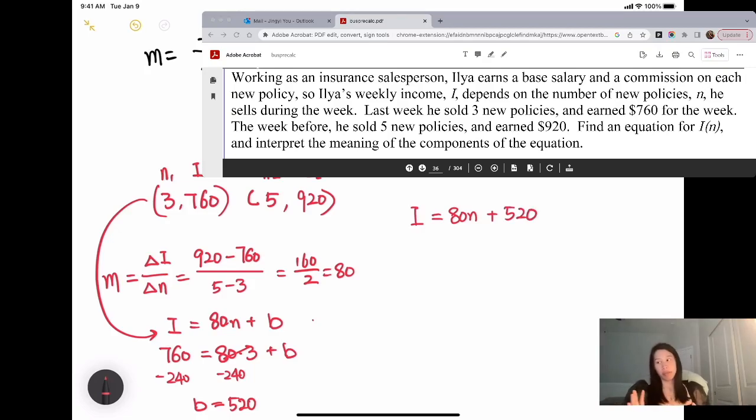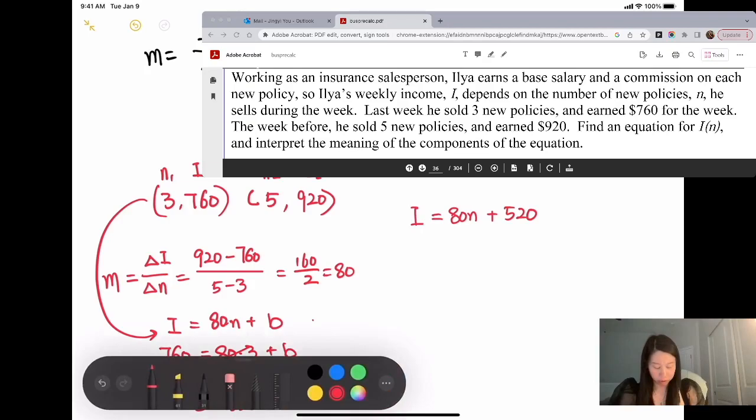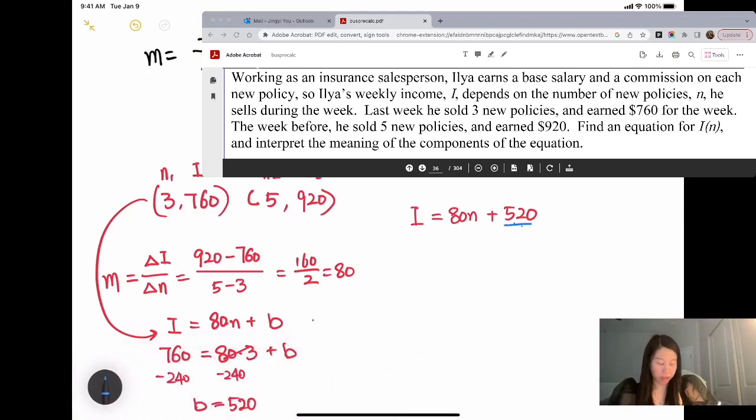Now we need to explain what this means. We have our I-intercept, or y-intercept if you're more familiar with that. What's the I-intercept? That means when n equals 0, that's how much you earn, right? If you didn't sell any policy, n equals 0, I equals 520.